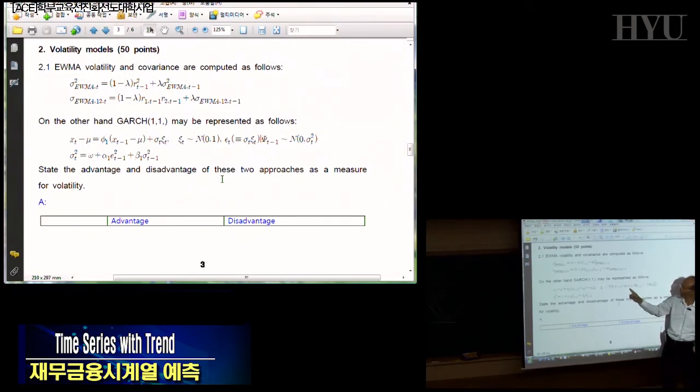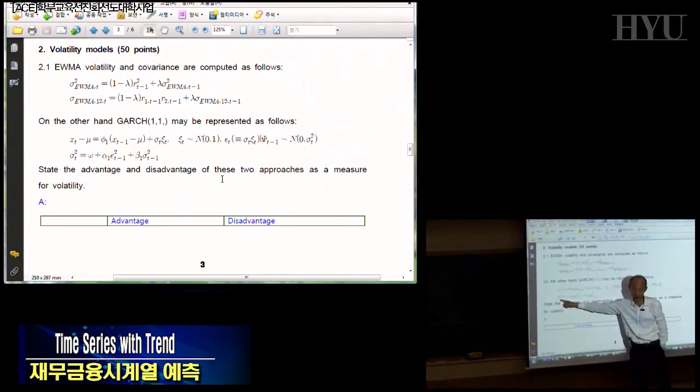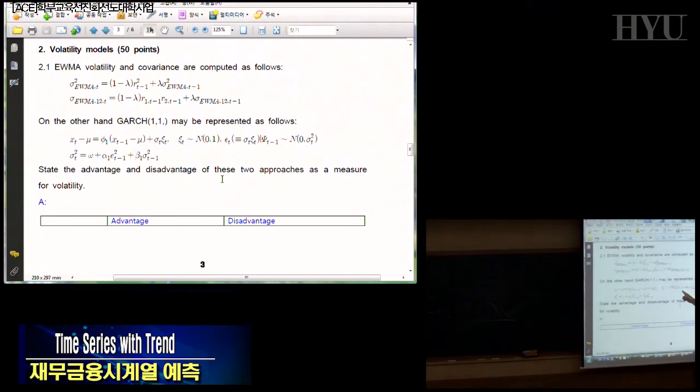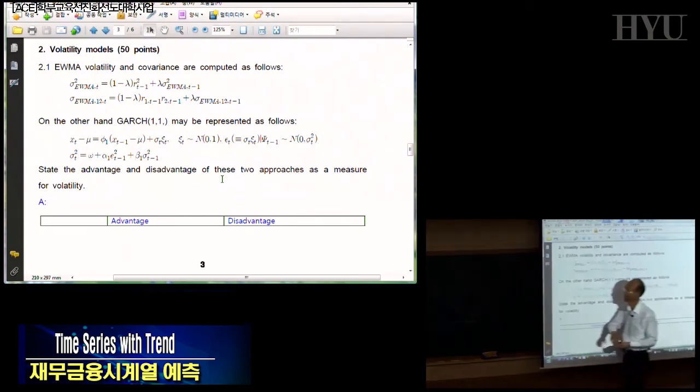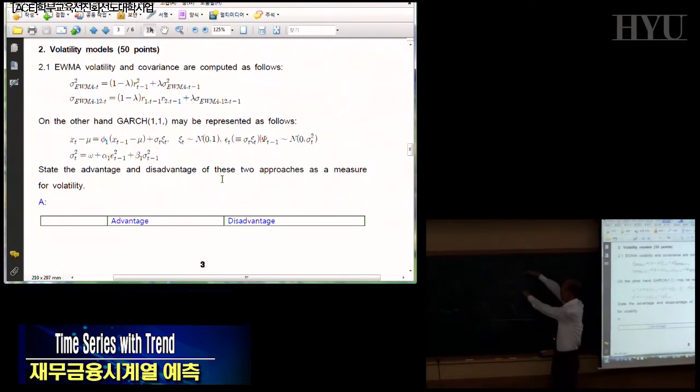Then you divide this one by sigma t. Then what you get is this, right? Psi t hat. And check psi t hat and see if it lies within this band.